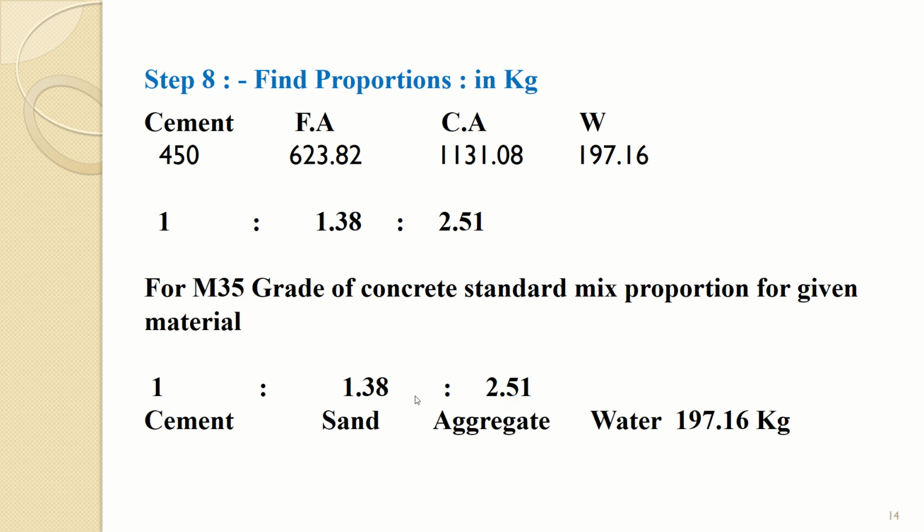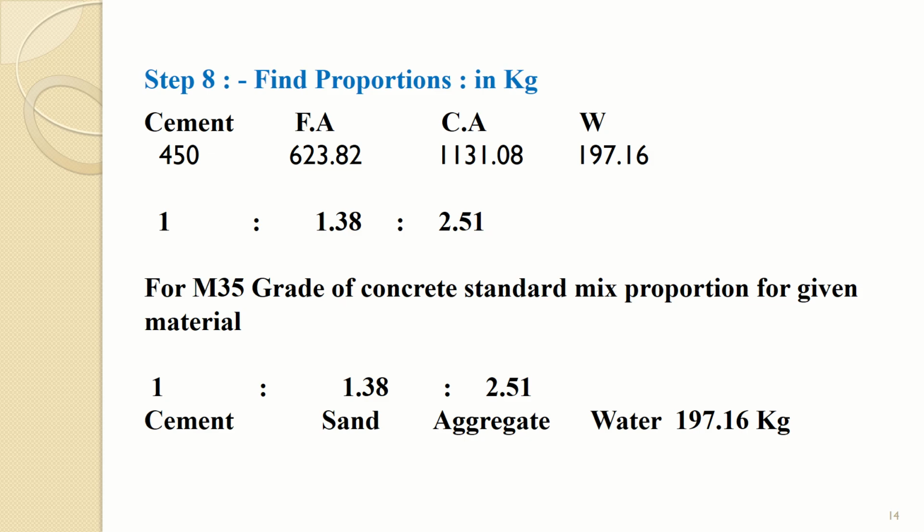So this is the standard proportion 1 : 1.38 : 2.51. It indicates cement content, sand content, aggregate content, and water content. Suppose for one bag of 50 kg you have to calculate, you just multiply: 1 means 50 kg, 50 into 1.38 and 50 into 2.51, and you will get the total material required for one bag of cement.